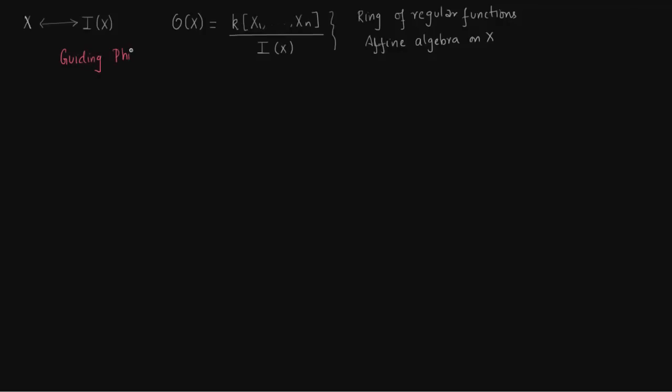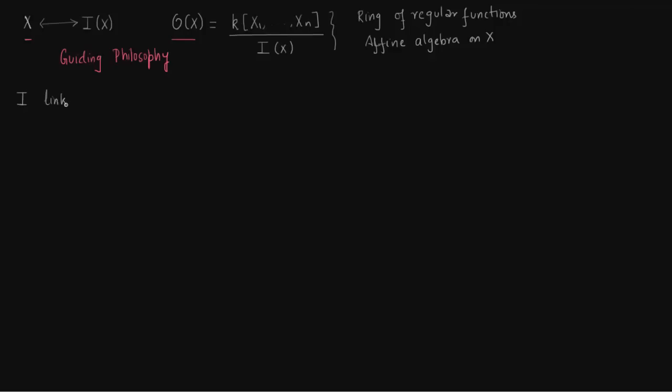You're given a set X which comes from polynomial equations. You associate with that set X an ideal, and then you construct a ring, and you call that ring the ring of regular functions. And this is important because later on we will use this again and again. Specifically, this will be useful in sheaves.